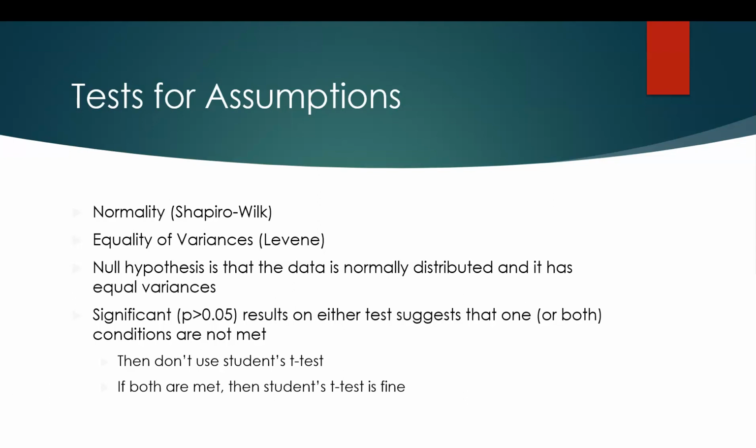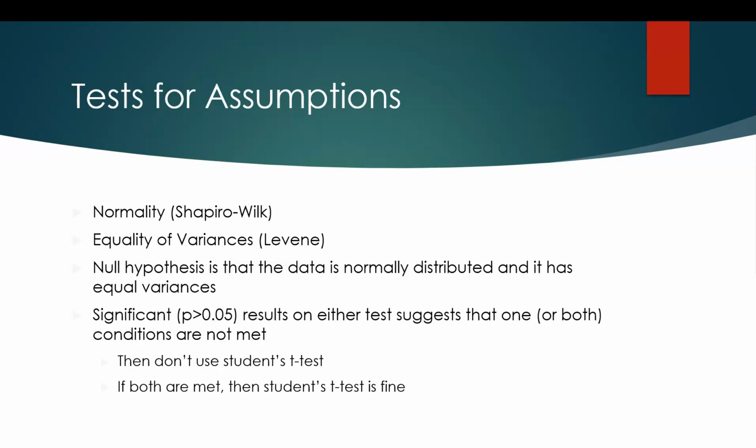Levene created a test for equality of variance, and that's an option available to us in JASP. Again, the null hypothesis is that the variance is equally distributed. If we get a p-value back on the Levene test that is less than 0.05, then we can assume that our data do not have equality of variances, and we need to use an alternate test.